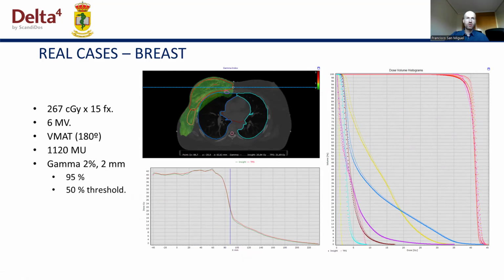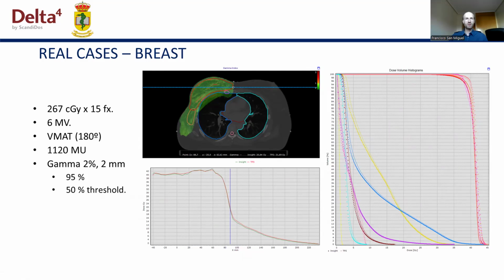To evaluate a more complex scenario, a breast treatment was subsequently analyzed. This case was particularly challenging because it included the internal mammary chain and regional lymph nodes. So it was a complicated plan.